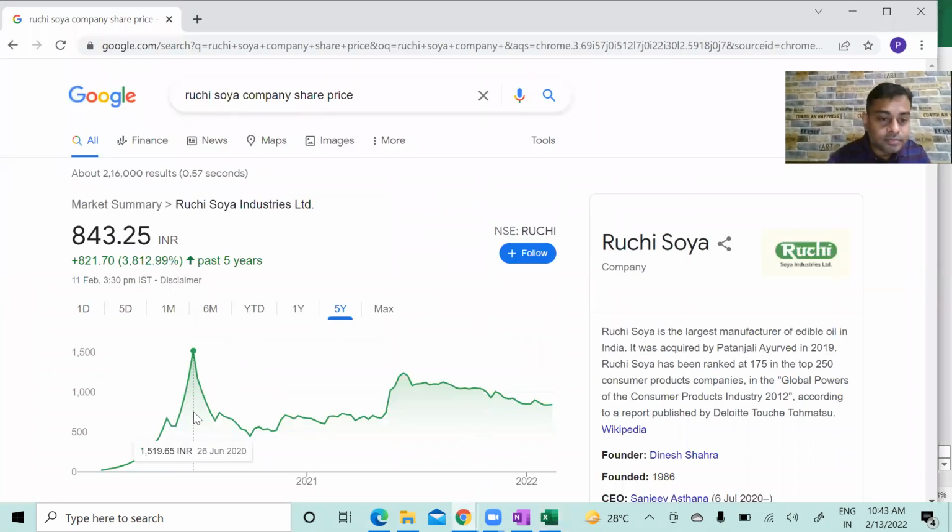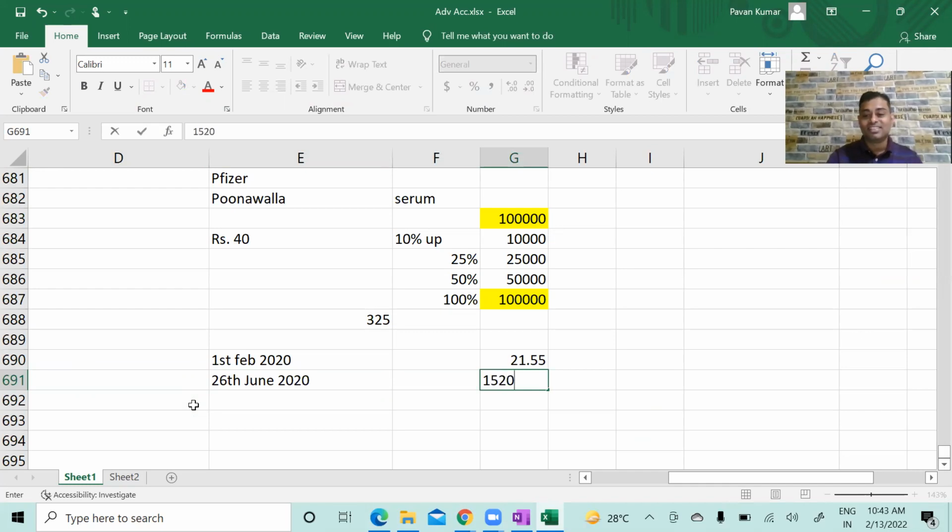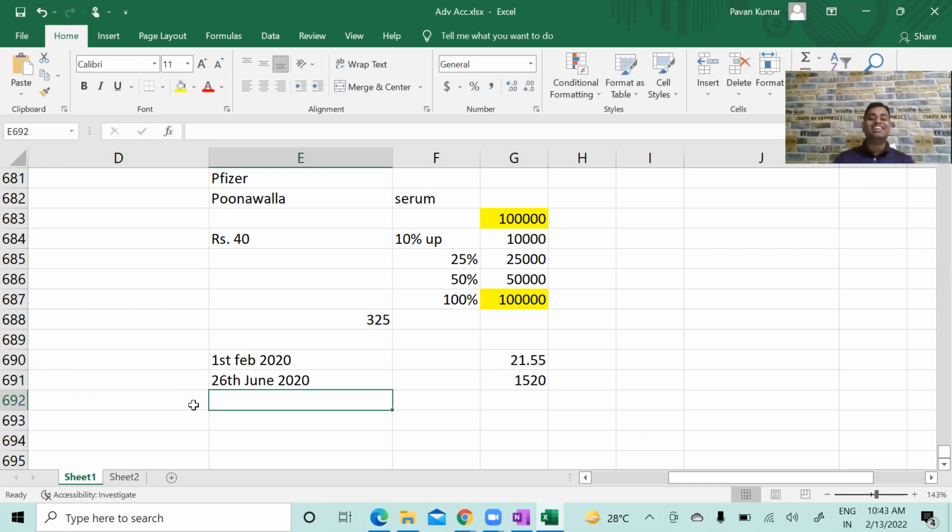Next. Can you read this? 26th June 2020. 1519.65. Can I round it off to 1520? Yes, sir. 26th June 2020, how much is it? 1520. What the hell is this?